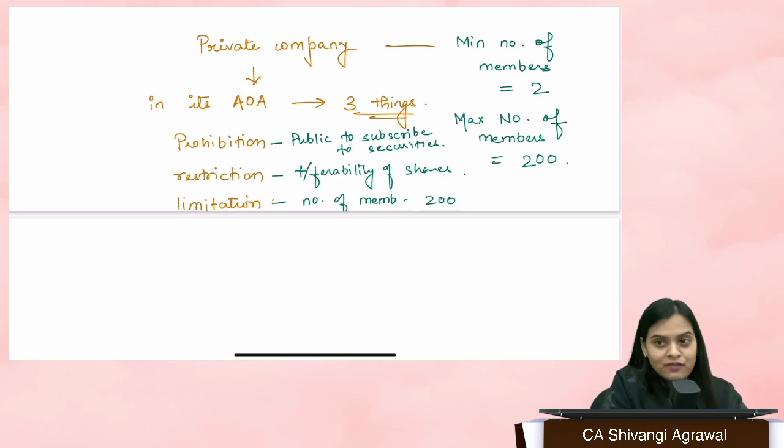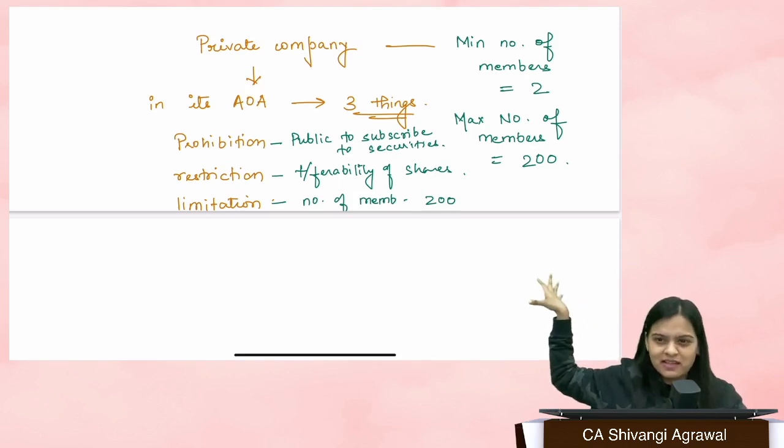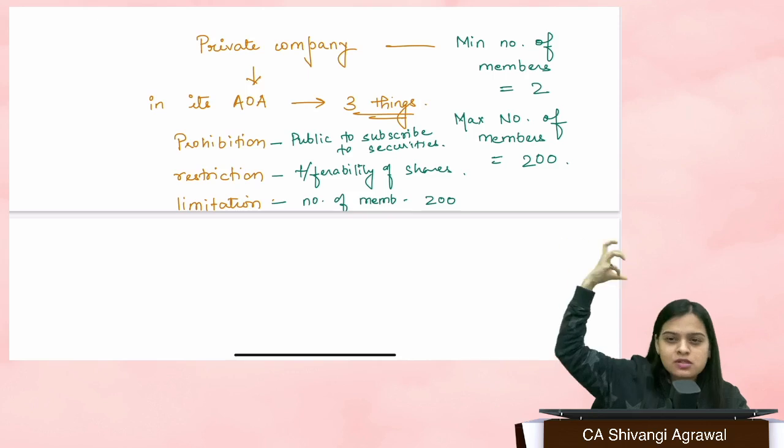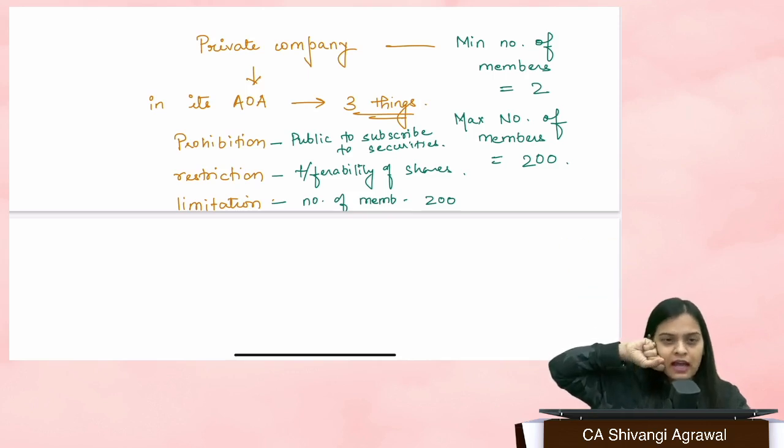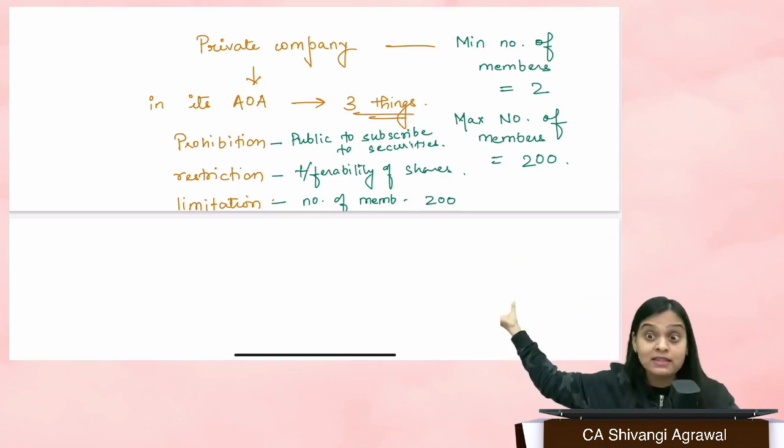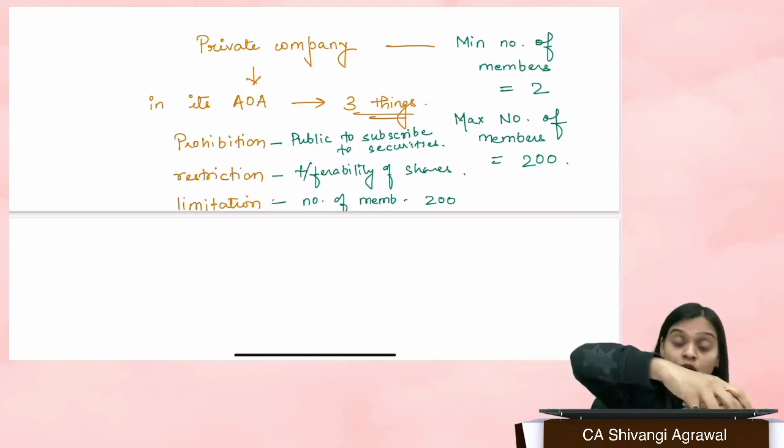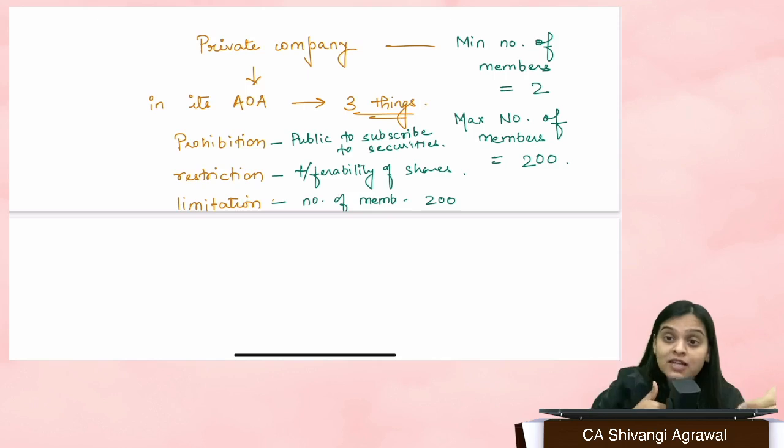I want to sell these 500 shares, so I will transfer them to somebody else. I'll take 50,000 from that person and give my shares to somebody else. Now that somebody else became the shareholder of this private company because I transferred my shares to that person.